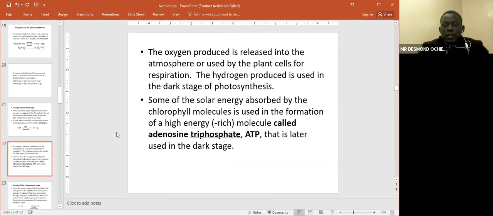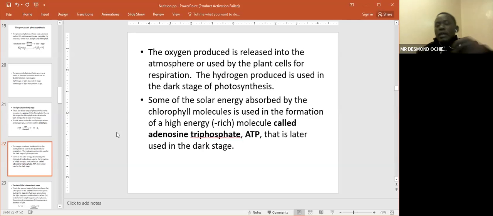Okay, before we look at the next use of light energy there, the oxygen that is produced from the process of photolysis is released into the atmosphere, or it can be reused by the plant for the process of respiration. It can be recycled. So oxygen is a waste product.